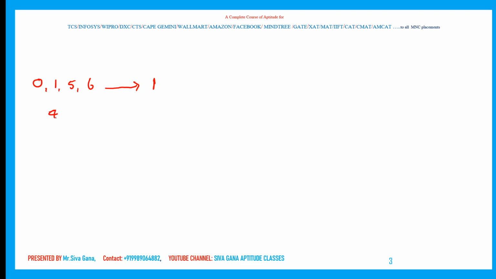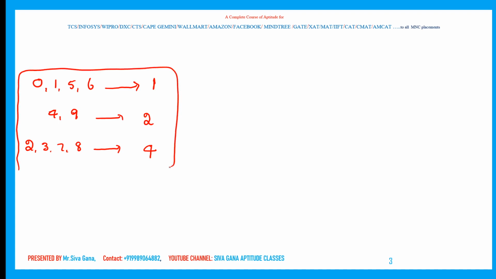For the digits 4, 9, the cyclicity value is 2. For the rest of the digits 2, 3, 7, 8, the cyclicity value is 4. This is the list of cyclicity values and the corresponding digits.